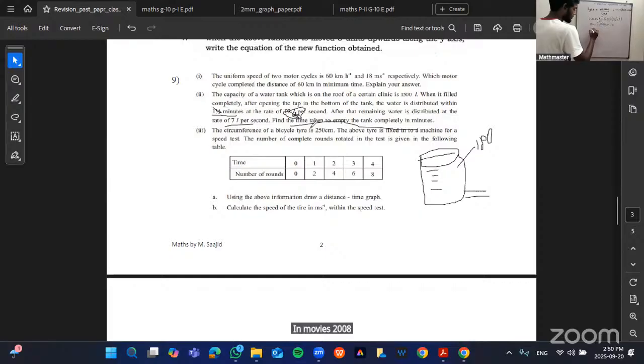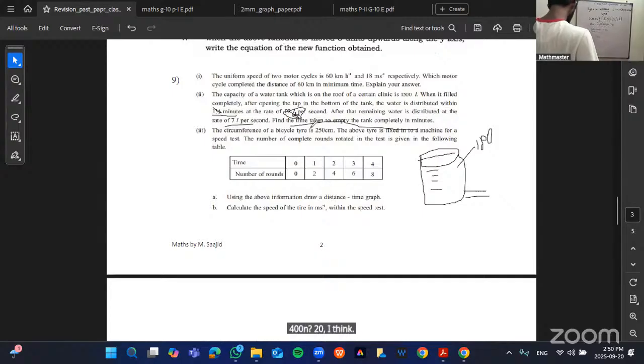This becomes 1500 minus 1080 equals 7T. So 1500 minus 1080 is 420, I think.